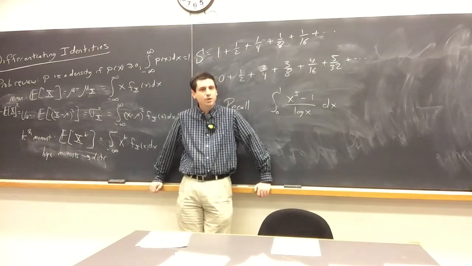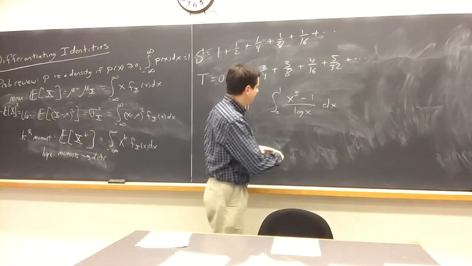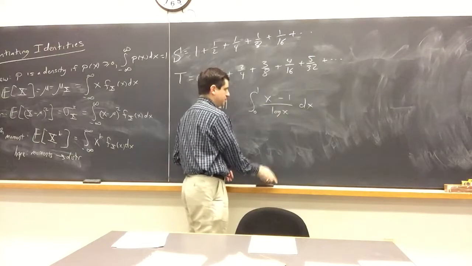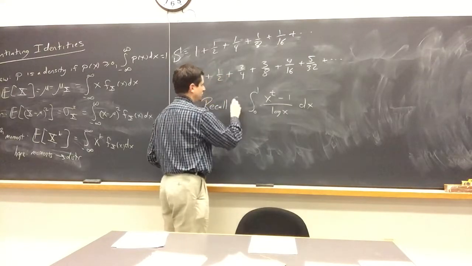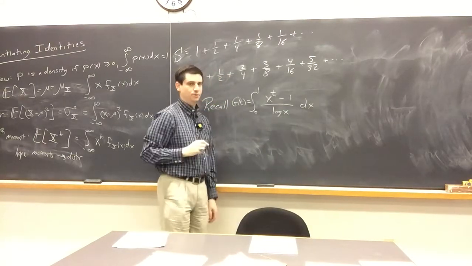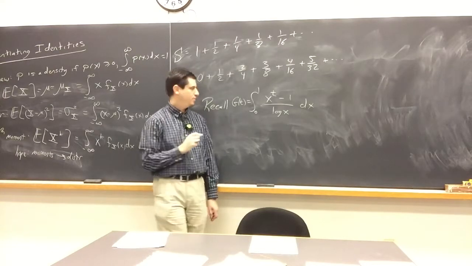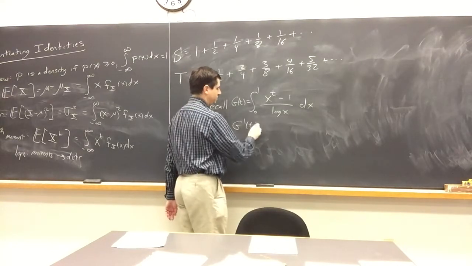And we found that the best way to calculate this was to replace the 5 with a free parameter t and call this g of t. And then we found a nice formula for g prime of t.